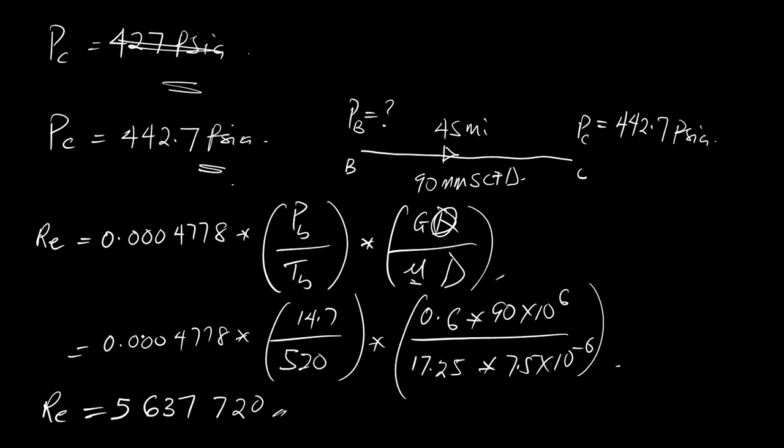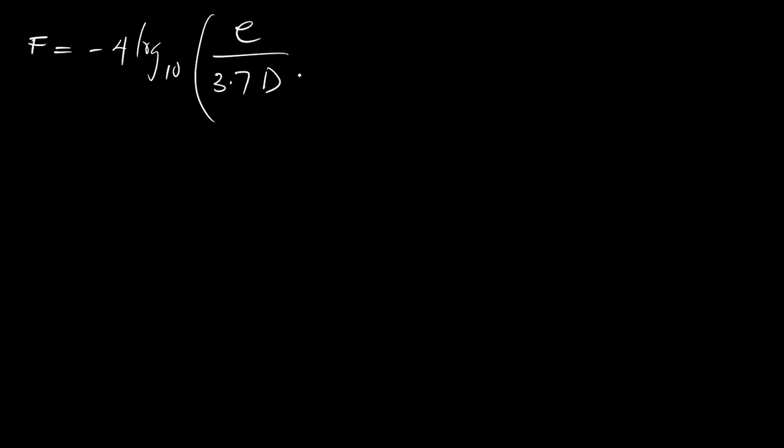Now let's calculate the transmission factor of this system. So now let's use the formula for transmission factor, which is F is equal to minus 4 log to base 10 bracket open E divided by 3.7 divided by D plus 1.425 F divided by Reynolds number.